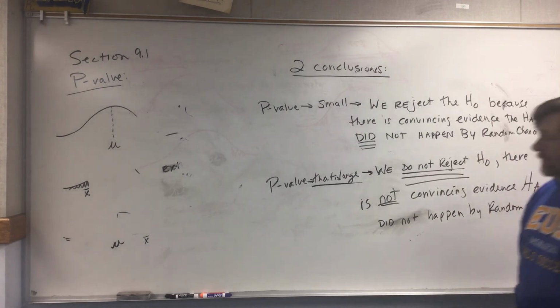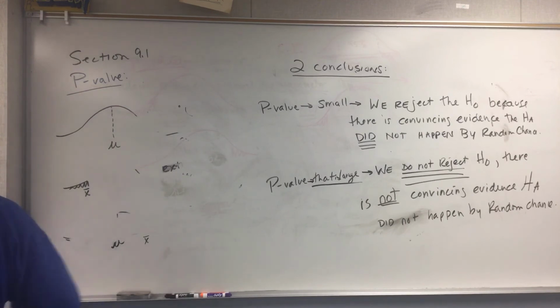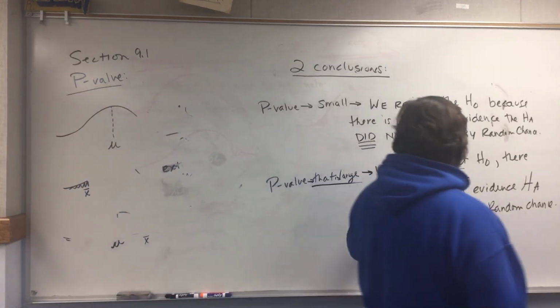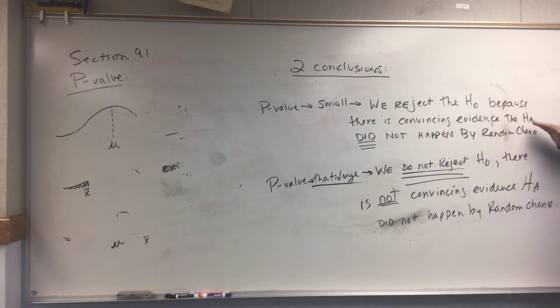Okay? So we're talking about rejecting or not rejecting H naught. Notice how it doesn't say anything about accepting H of A. There's no word about true. There's no word about it's correct.